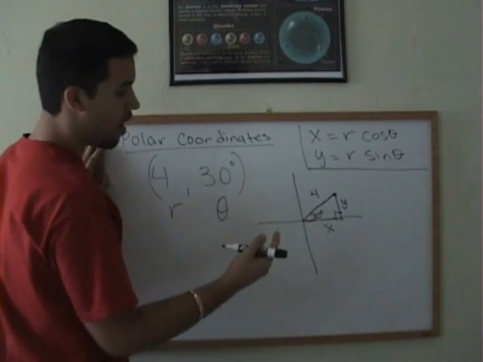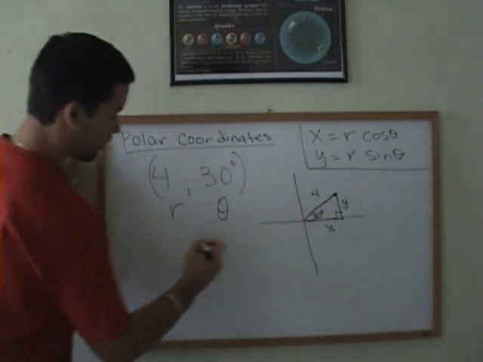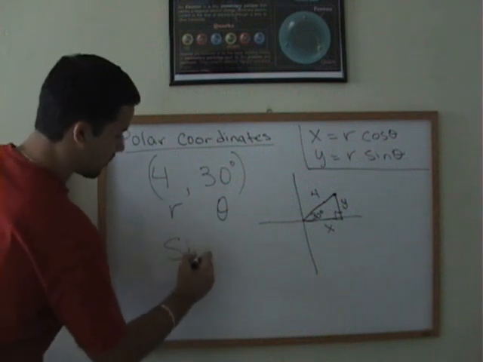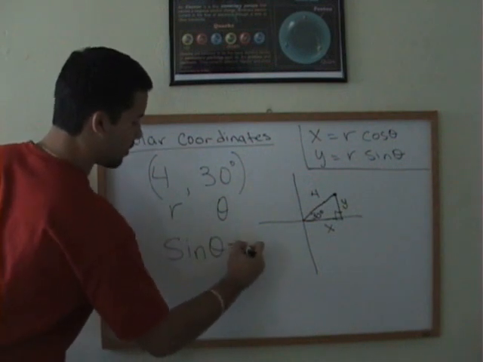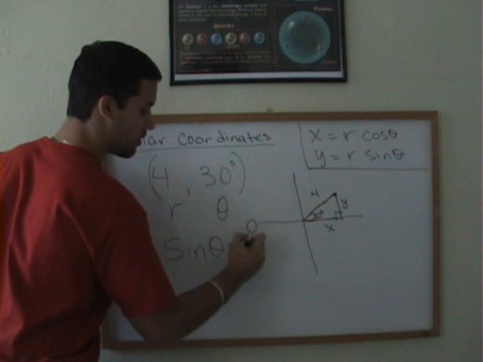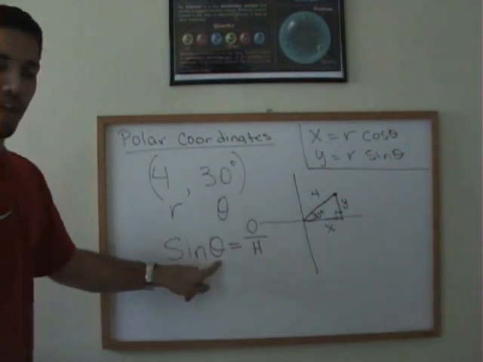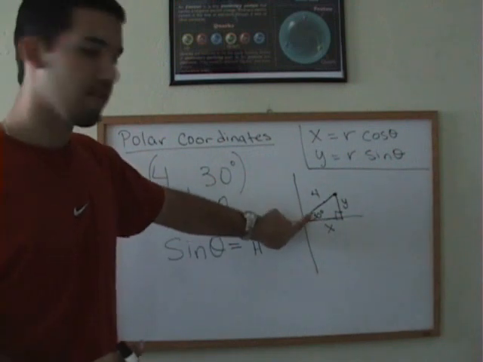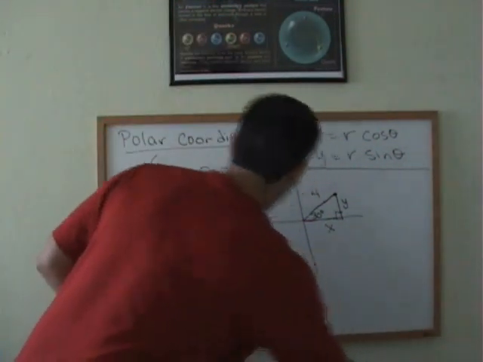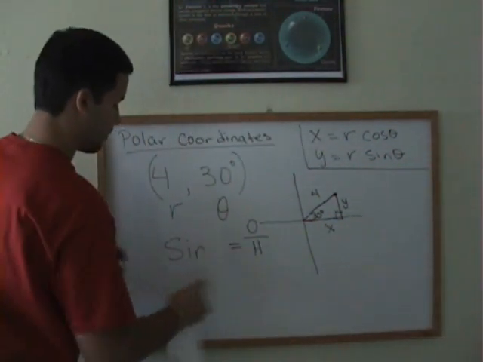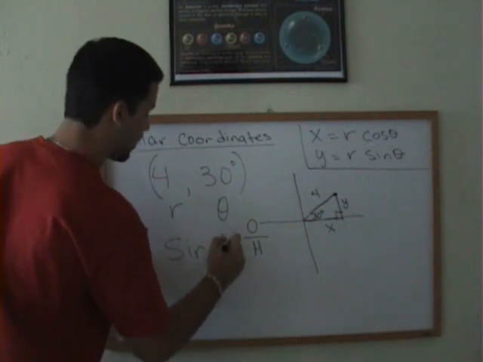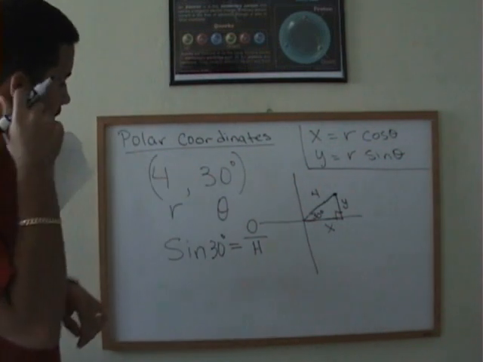Okay, to find the y, we're going to use sine theta is opposite over hypotenuse. Okay? We have the angle, which is right there, 30 degrees. So I'm going to plug that in. 30 degrees. And let's see, what else do we have?